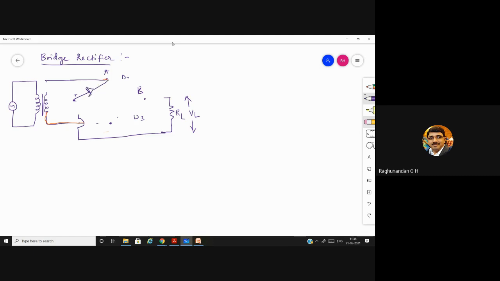So we are having diodes here. A notch kind of structure indicates that they are not connected.